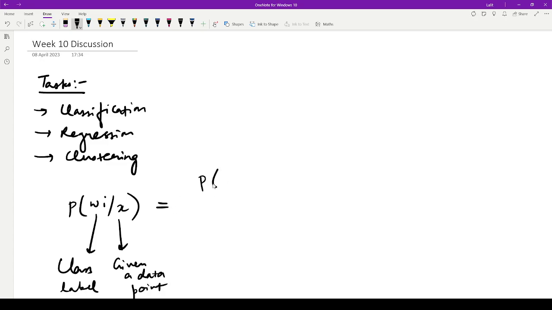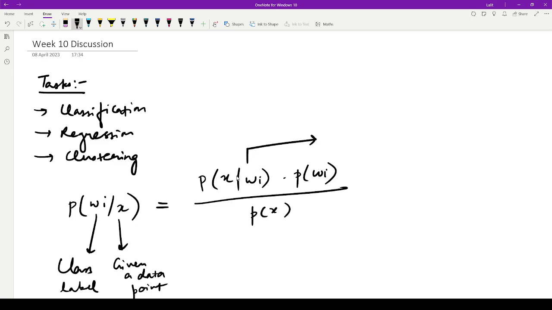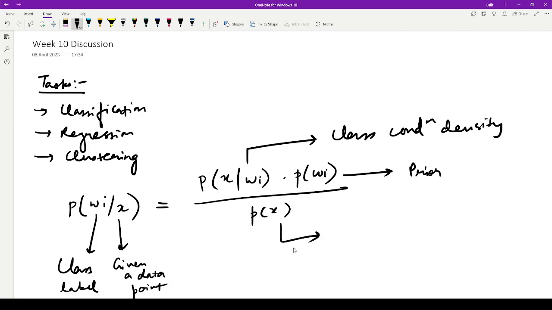What does it say? So this term is the class conditional density, and this is the prior term, how many occurrences of this class happen, and the term in the denominator is the evidence, the space over which your input data even exists.